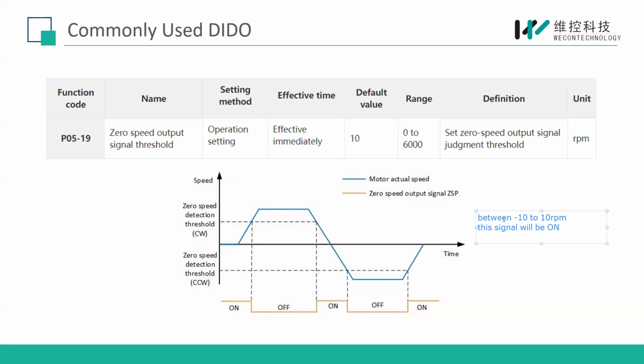So it means we can think that the motor is in zero speed status. So this is how this parameter works.